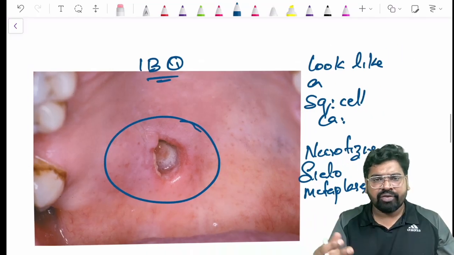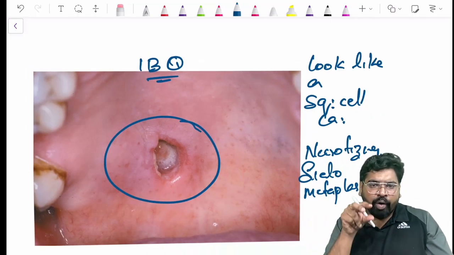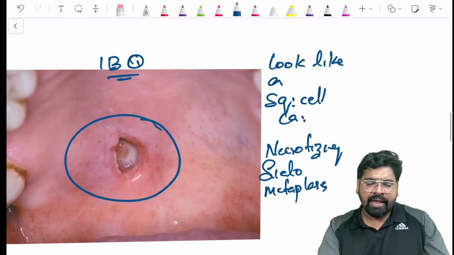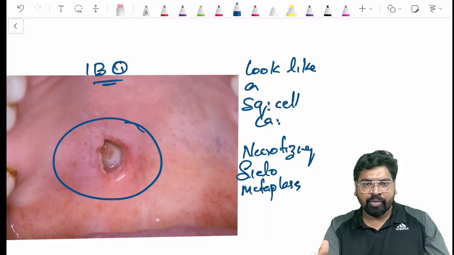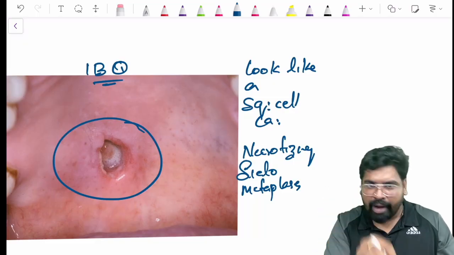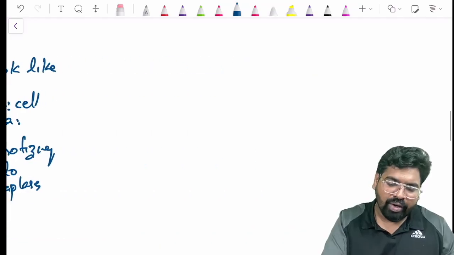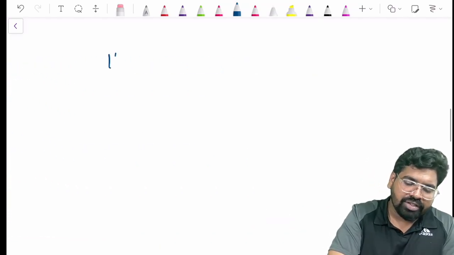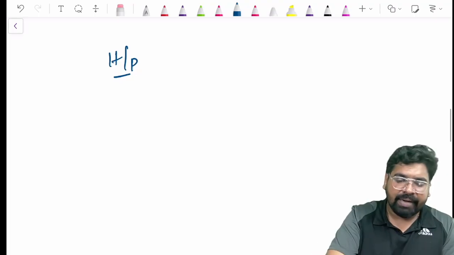What happens in the histology? I'm not sure whether it is necrotizing sialometaplasia or a squamous cell carcinoma, so I'm going to take a biopsy of the lesion and see what is there in the histology. I can see metaplasia.